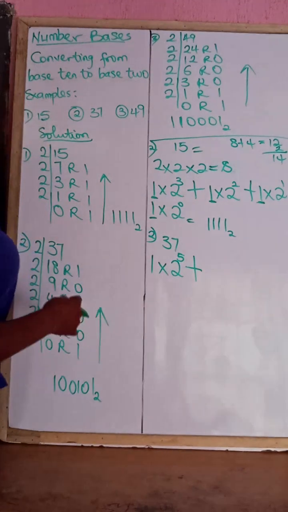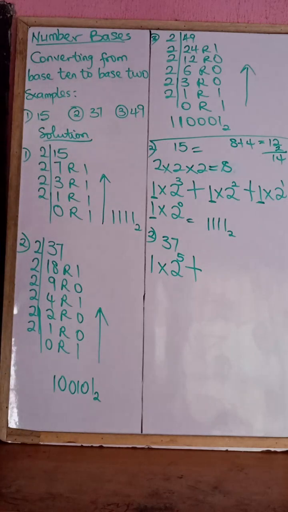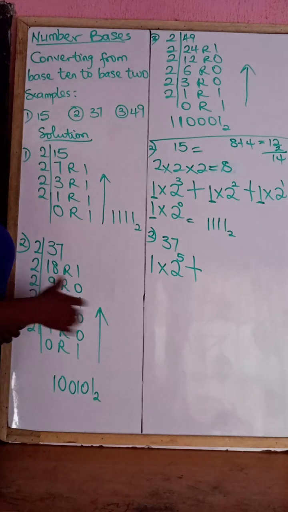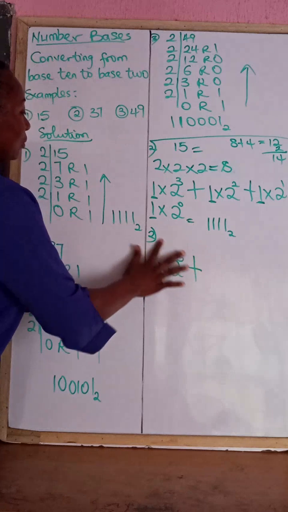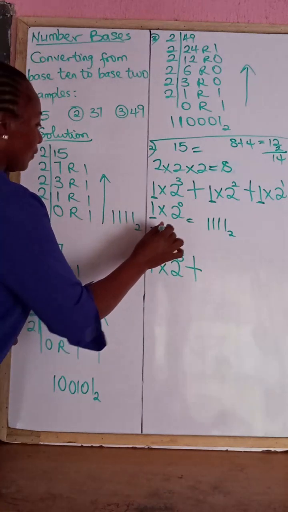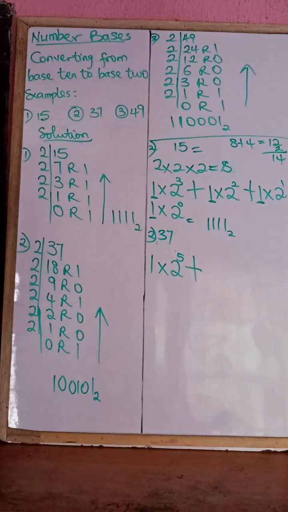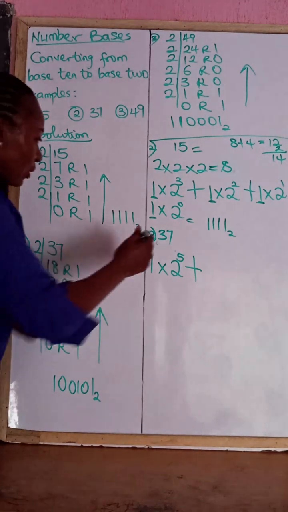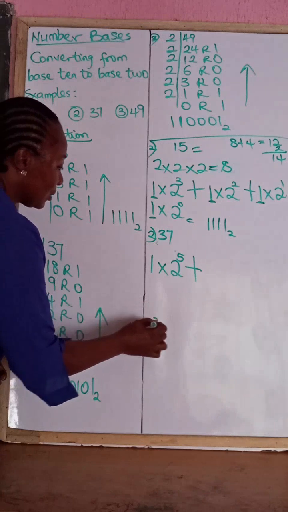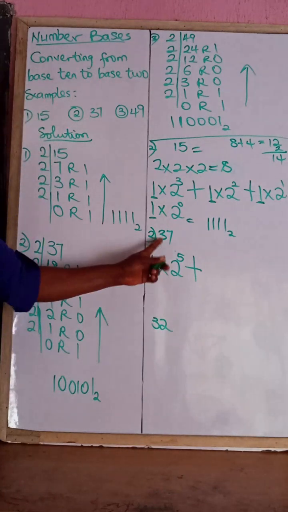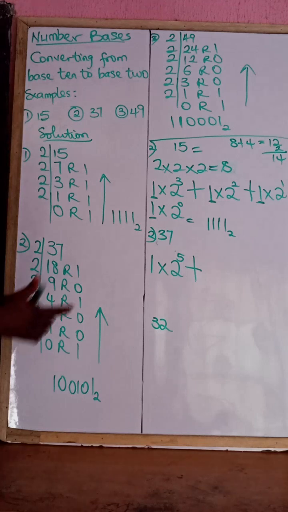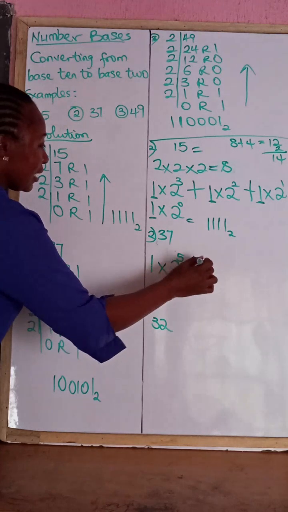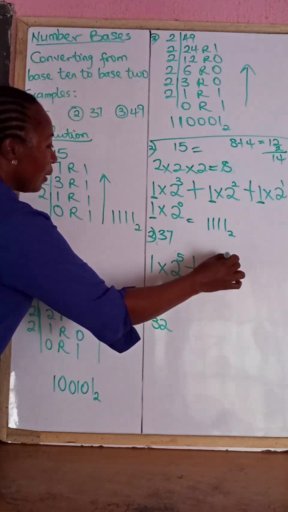Now, the next power we must write is power 4. Because I know that when we add 16, of course, what we have here now is 32. If we add 16 to it, it's bigger than 37. So it means we have just 0 group of 2 raised to power 4.